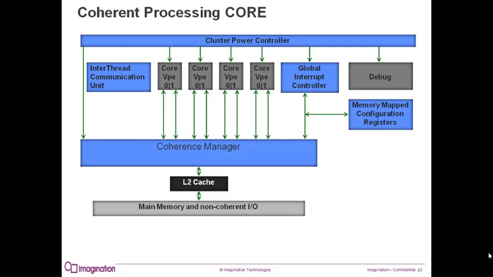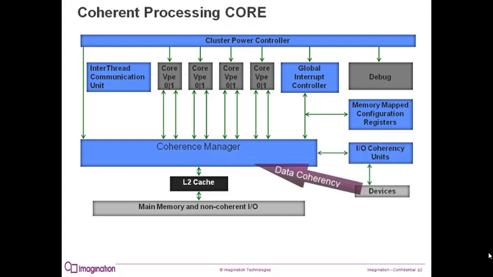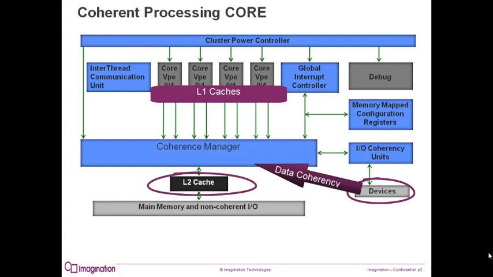The memory map configuration registers configure and control the global interrupt controller, coherency manager, and cluster power controller. And the I/O coherency unit, or IOCU, controls the data coherency between external devices and the L1 and L2 caches through the coherency manager.